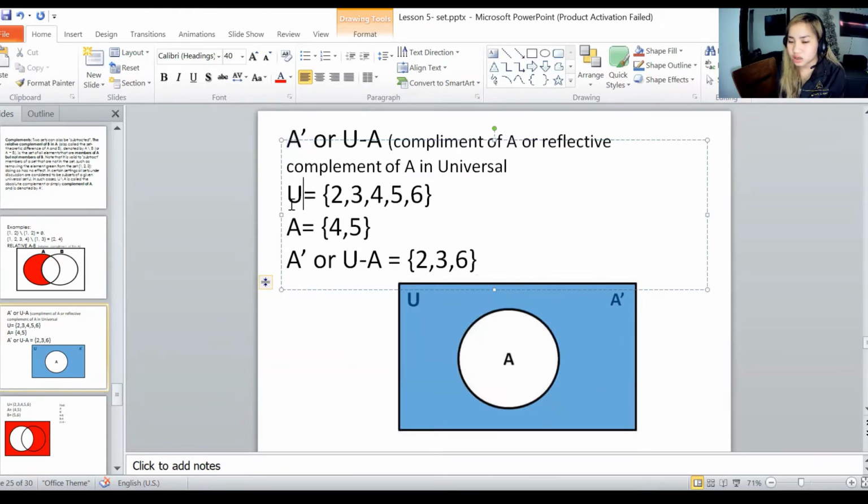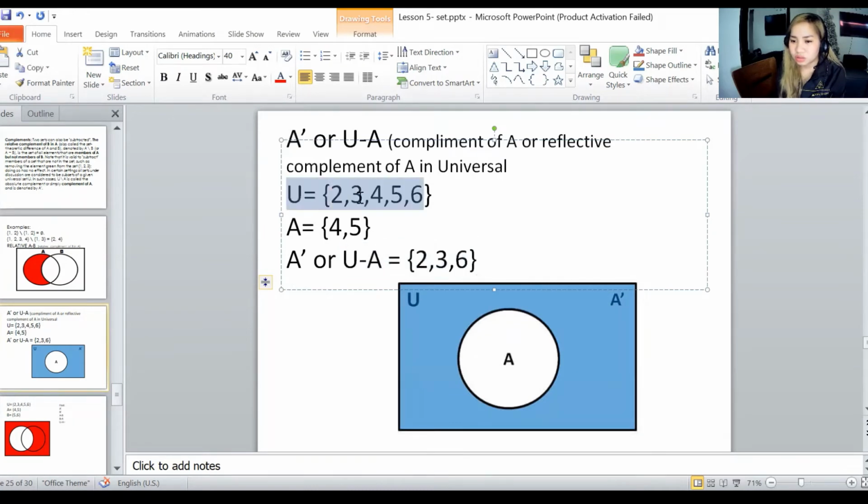So, we have this universal 2, 3, 4, 5, 6. Set A is equal to 4, 5. So, ang basa again dito is complement of A or relative complement of A in universal is 2, 3, 6 daw.